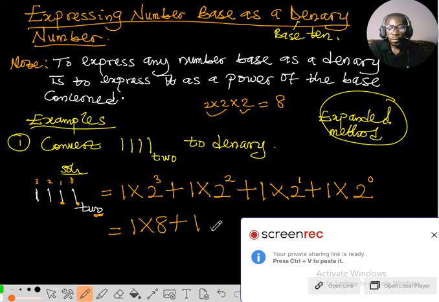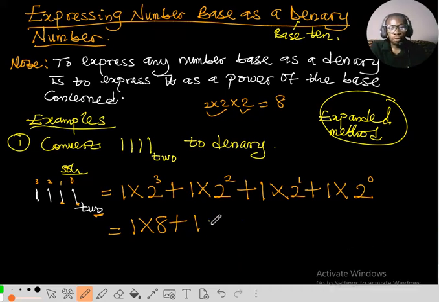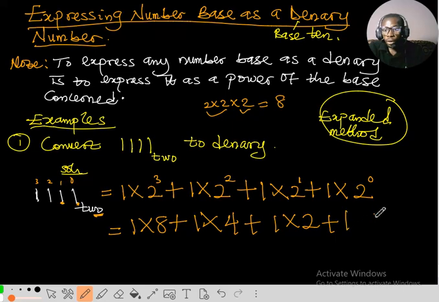Then plus 1 times 2 raised to power 2, that is 2 times 2, which is 4, plus 1 times 2 raised to power 1, which is 2, plus 1 times 2 raised to power 0.